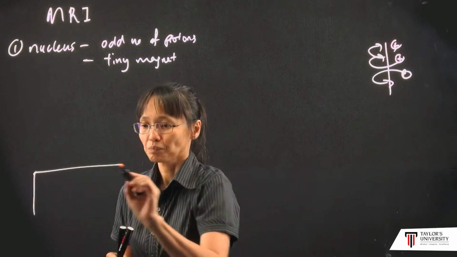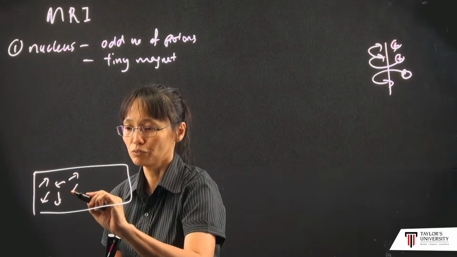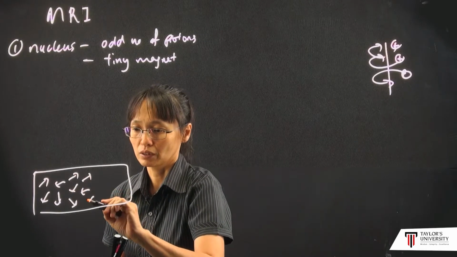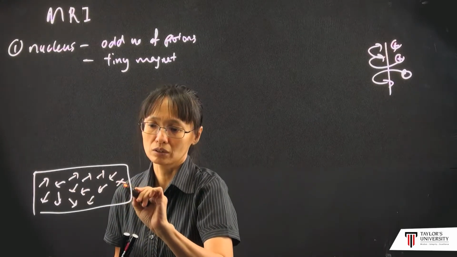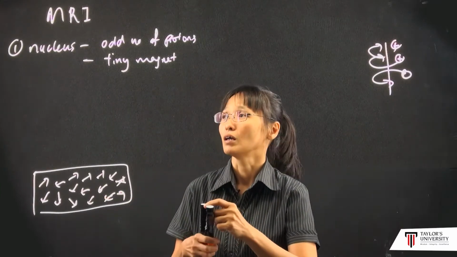But at first, all these tiny magnets are in random directions. As such, there won't be any net magnetic field. Okay?